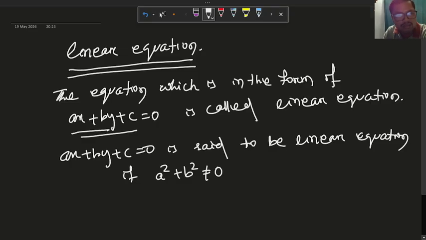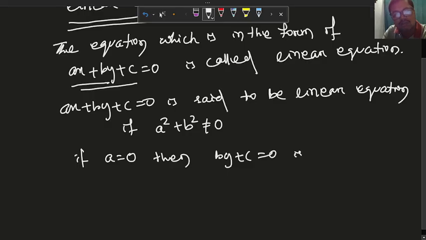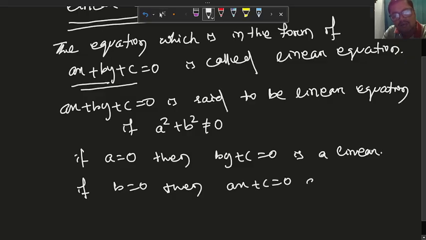If a equal to 0, then by plus c equal to 0 is a linear equation. If b equal to 0, then ax plus c is also linear.